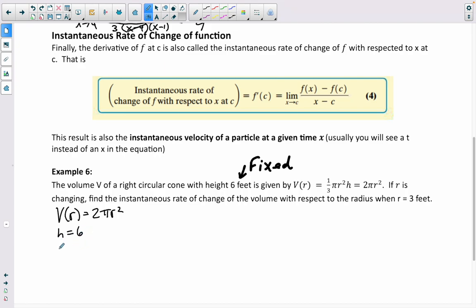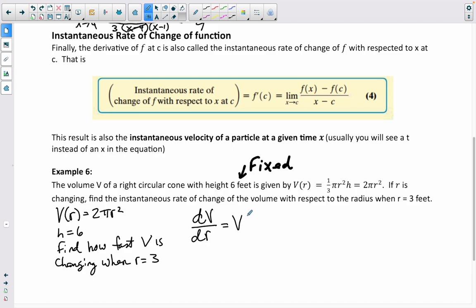And we want to find how fast V is changing when r is 3. So basically what we're going to find here is dV/dr. We're going to find V prime of 3. What is the derivative of the volume when r equals 3?